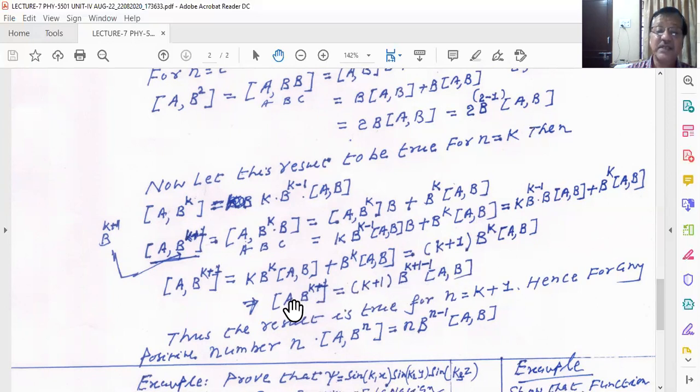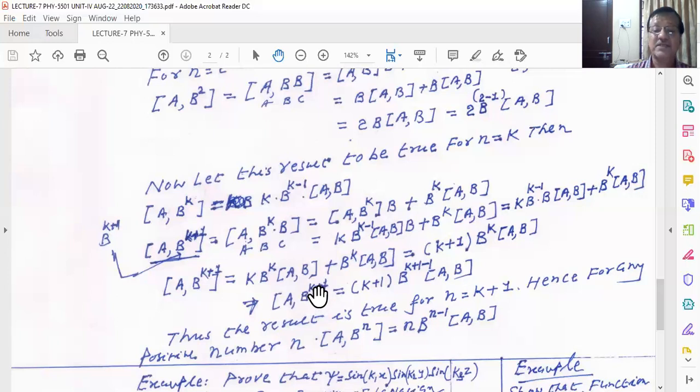So now you compare this result with our previous result. You see, this is the commutator of a with b to the power of k plus 1 equal to k plus 1 times b to the power of k, the commutator AB. Suppose instead of k plus 1 you put n. So the commutator of a with b to the power of n equals n b to the power of n minus 1 times the commutator AB.